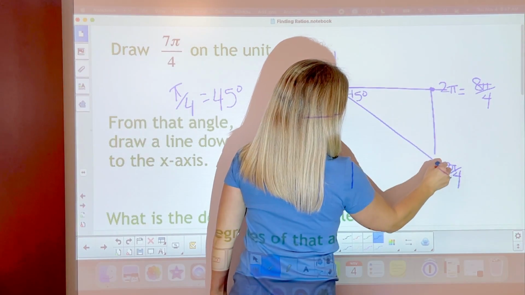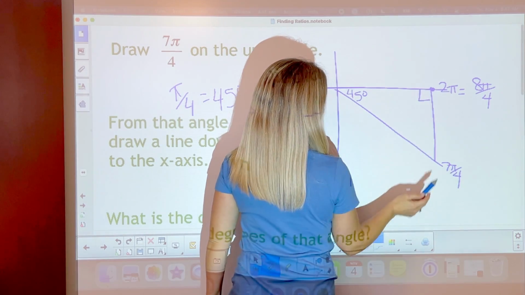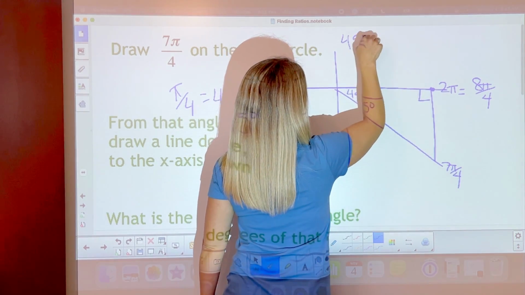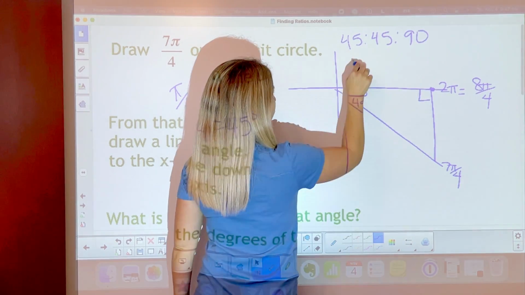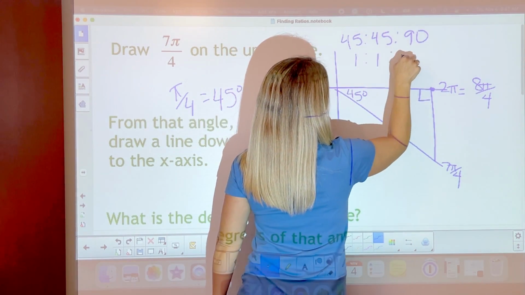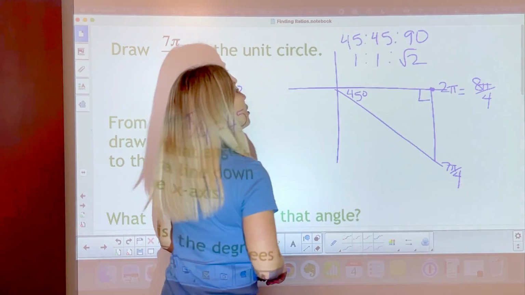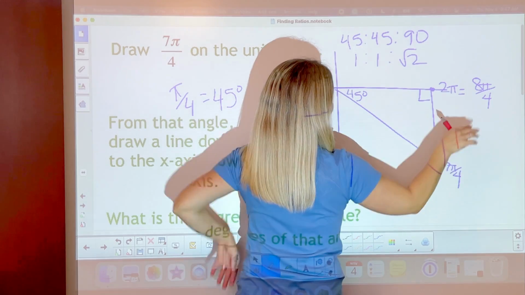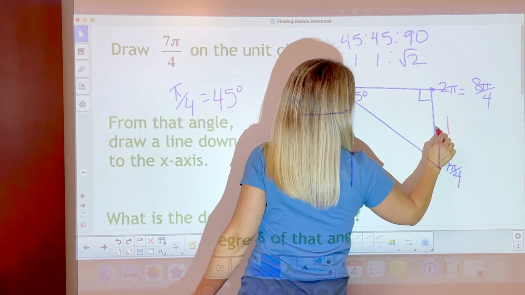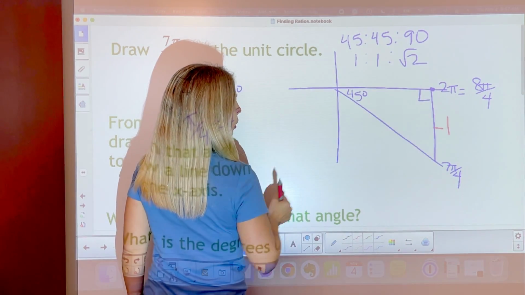We'll make our triangle here, a right triangle, which means we have a 45, 45, 90 triangle, and those ratios are 1, 1, square root of 2. So now let's go ahead and label. Across from the 45 is 1, but again, we're below the x-axis, so our y values are negative.